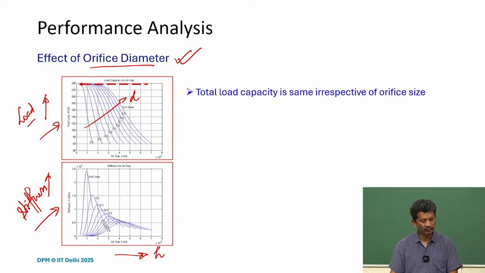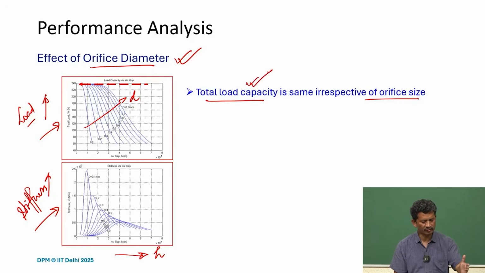One thing we observe is that the total load capacity is the same irrespective of the orifice size. As we load the air bearing, it doesn't matter how big or small the orifice is; as we start putting the load, the air gap will get reduced, so the pressure distributions will be more or less very similar, and that's why I think the total load capacity may not change.